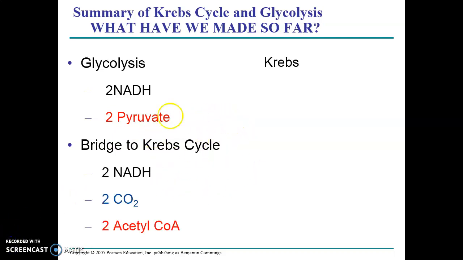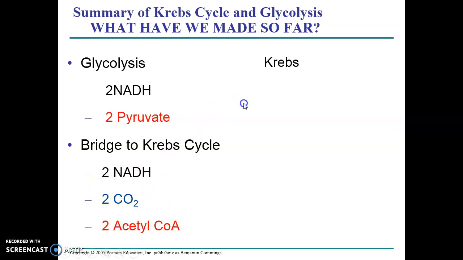Now in the bridge to the Krebs cycle, pyruvate enters, and we oxidize it and get out 2 NADH, and we produce 2 carbon dioxides, and we're left with 2 acetyl-CoA.